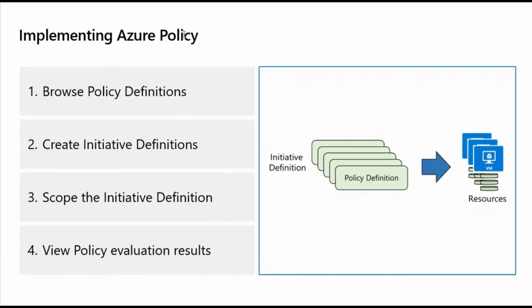So implementing Azure policy, we have browse policy definitions. That means many policies we have already in the cloud. We can simply use them, or we can create new ones as well. You can create new initiative definitions, scope the initiative definitions, view the policy evaluation results.